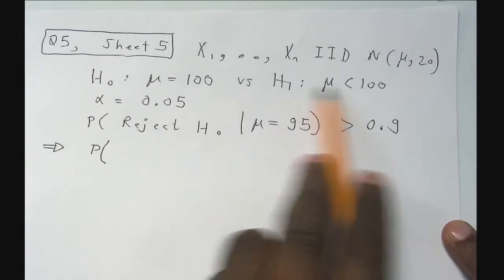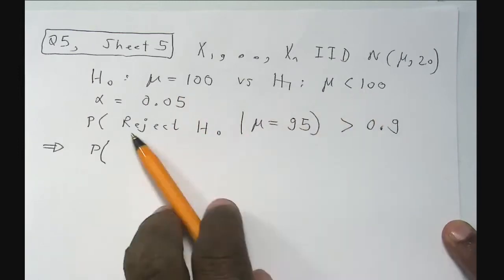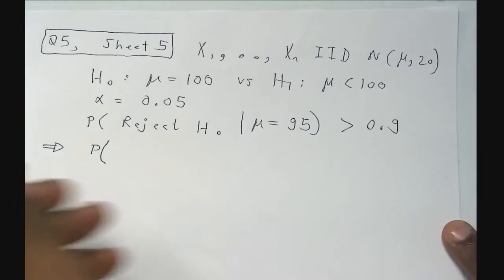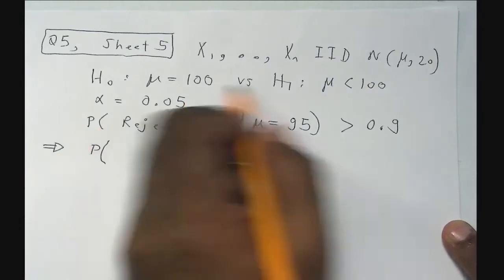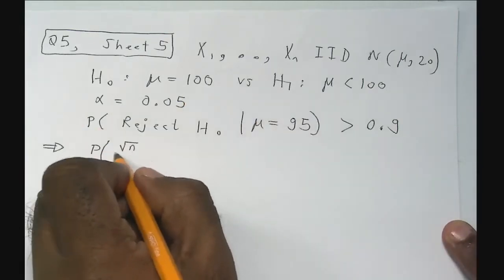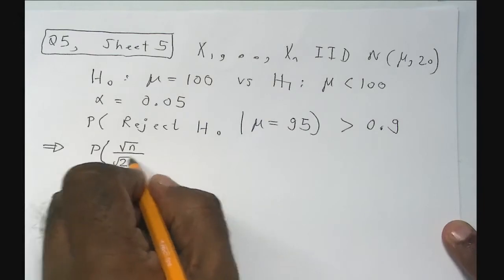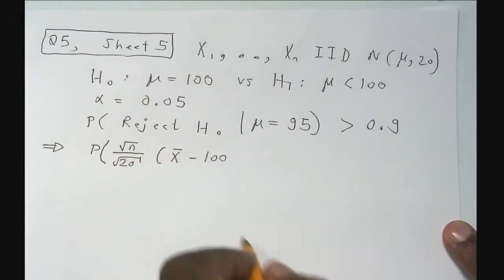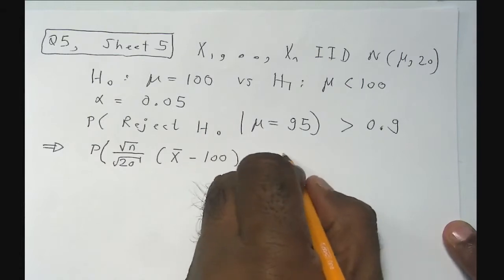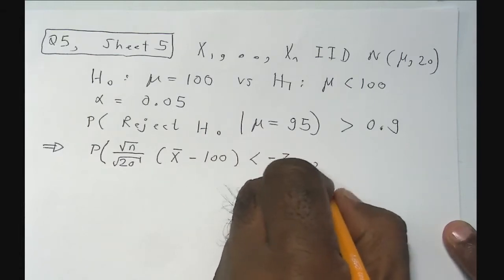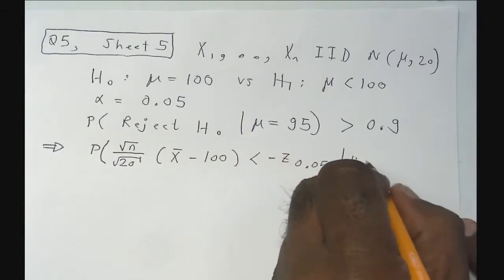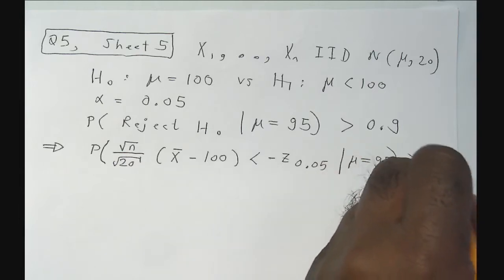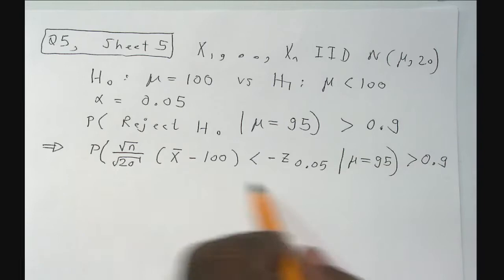Now, for this hypothesis, the rejection rule, once again, if you look in the lecture notes, guys, you will see that the rejection rule is root of n divided by sigma, which is root of 20, times x bar minus mu 0, which is 100, less than minus z alpha.